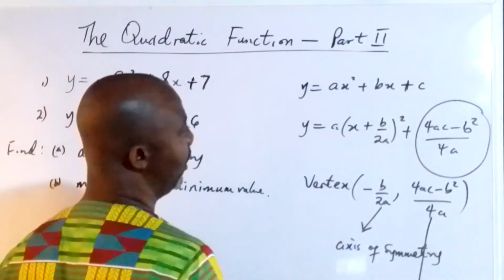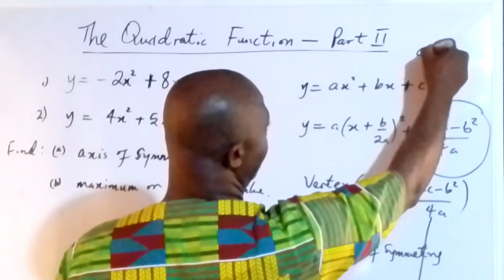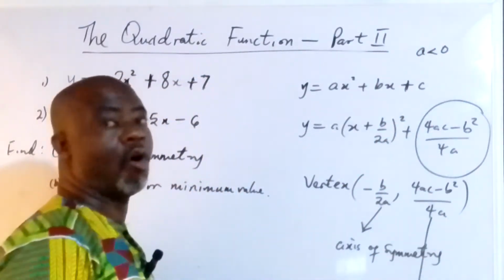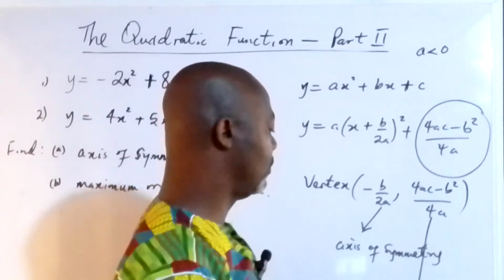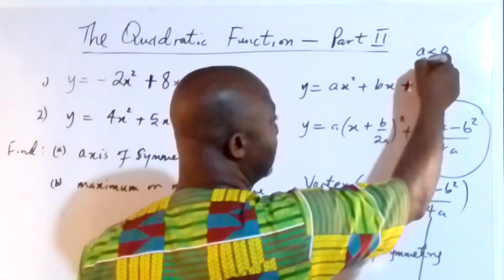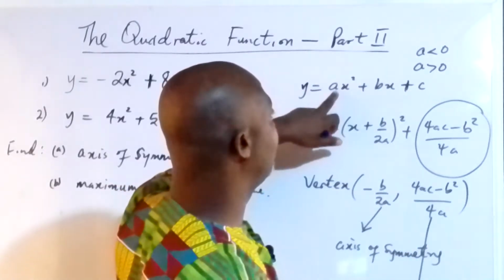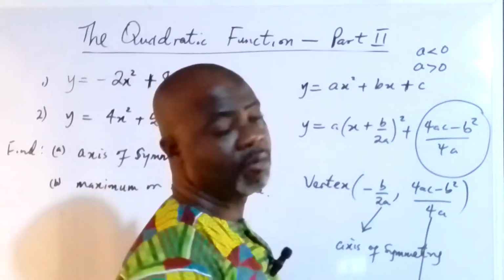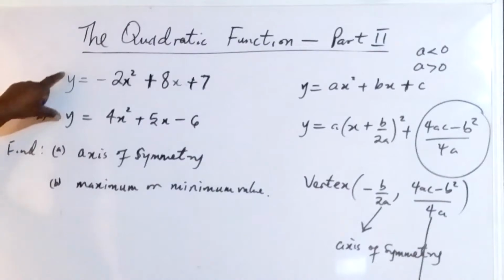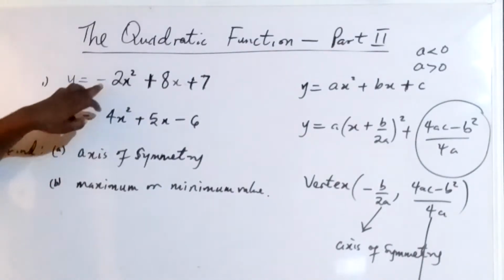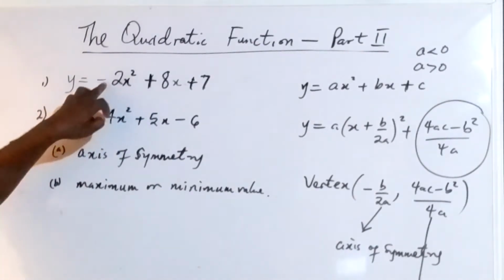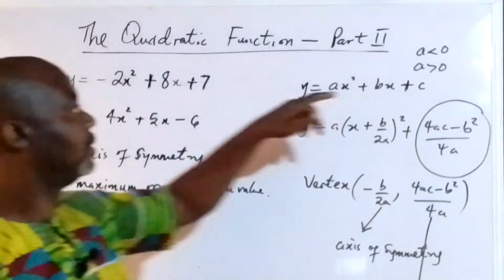So if a is, for example, less than 0, the curve is going to have a maximum value. But if it is greater than 0, like in this case here, it's going to be a minimum value. You can see here we have two questions. So the first question, we see the coefficient of x squared is having a value less than 0.